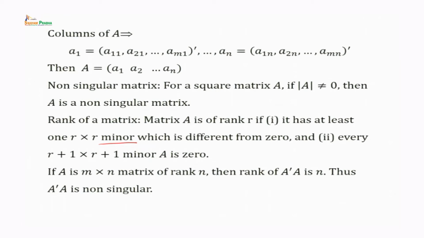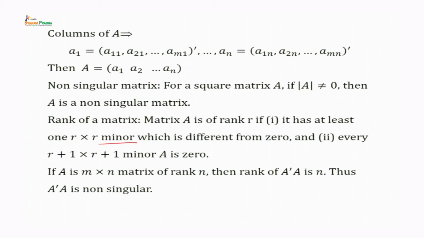You take an R cross R submatrix of the matrix A. Then the determinant of that submatrix is called the R cross R minor.